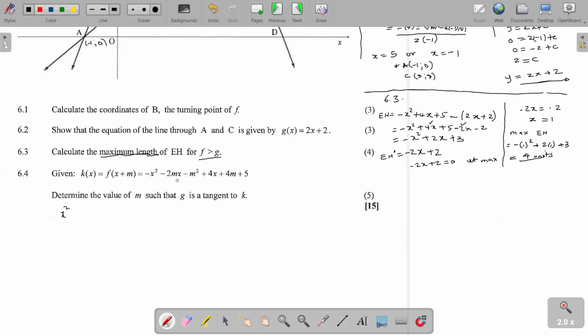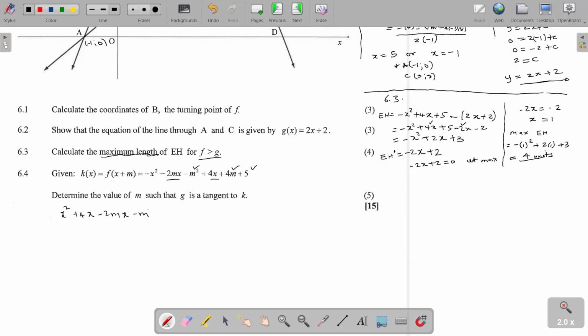Then we take the terms with x. So it's going to be plus 4x minus 2mx, then we take the constants. Let me write minus, we check these ones are the terms with x, then these ones are the terms which are constants, terms without x.